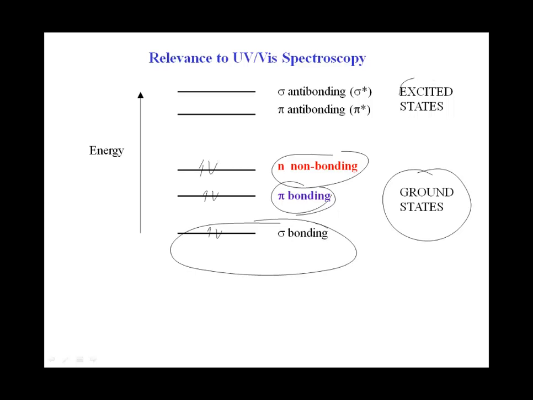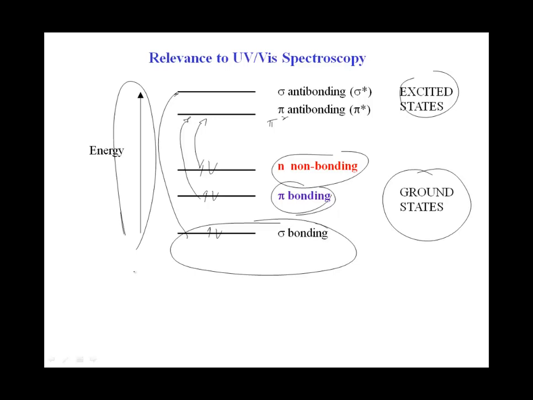Now, what happens in UV visible spectroscopy is that you get promotion. You get transitions occurring. So you might get a non-bonding orbital going to a pi star orbital, or you could get a pi bonding going to a pi star, or you could get sigma to sigma star. So here is the energy between them.